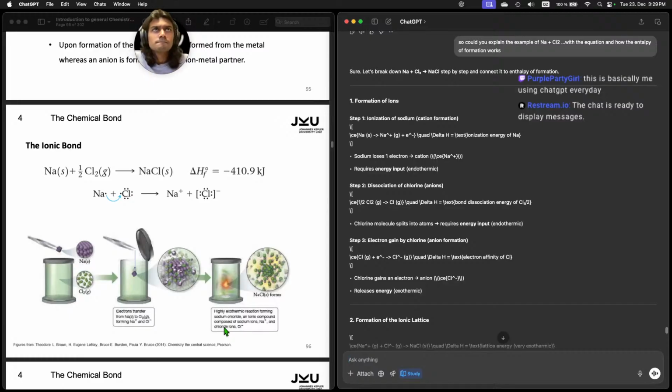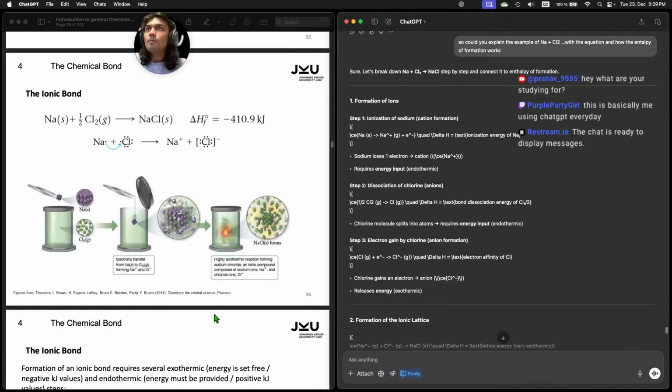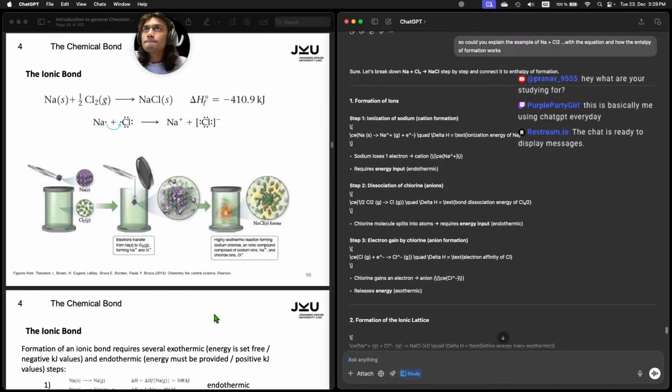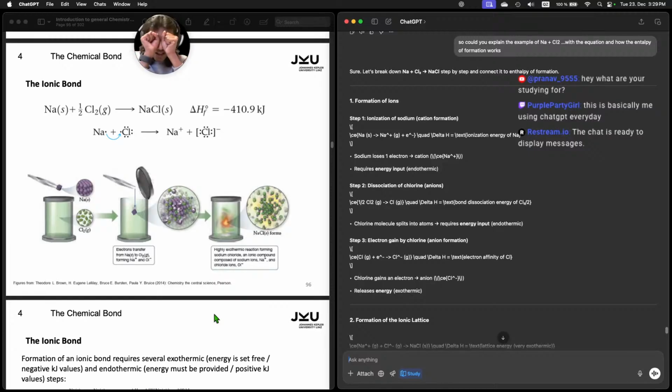Why is it exothermic? Exothermic means production of heat.